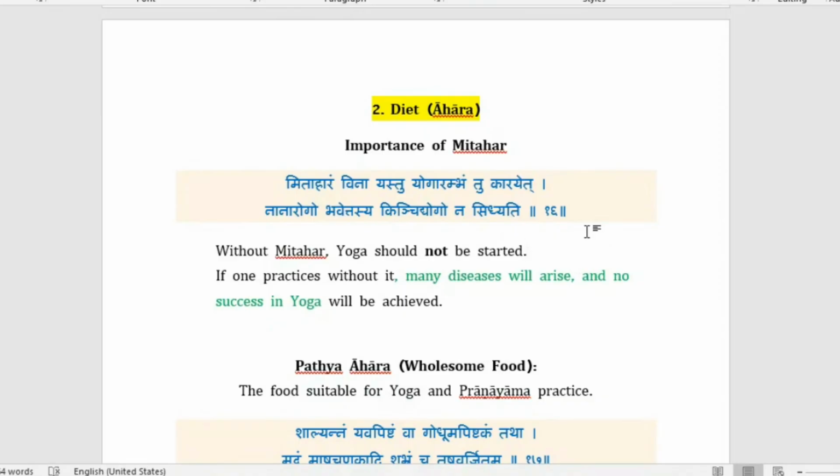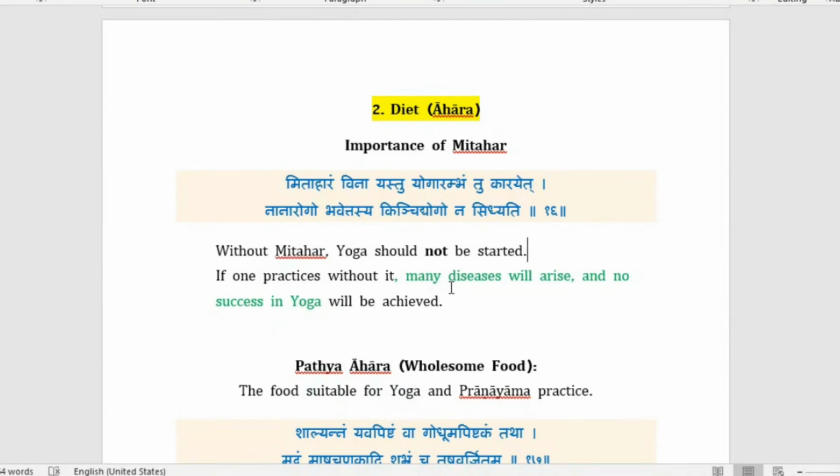Even we know by common sense that the person will fall ill, he will suffer from some disease, and second, he will not attain success in yoga, because if you are not replenishing whatever is consumed or used during yoga, then over the period of time your body will become weak.